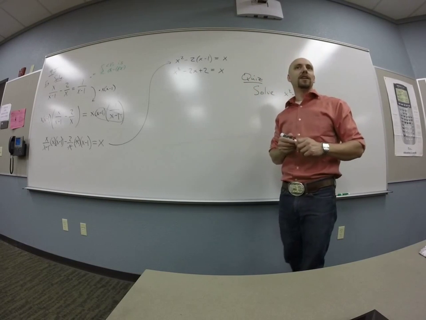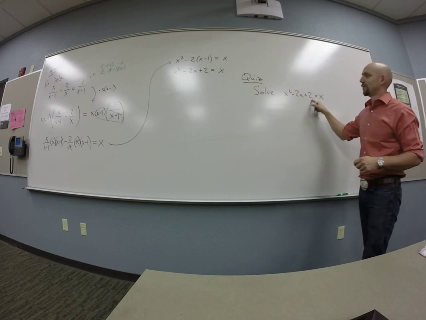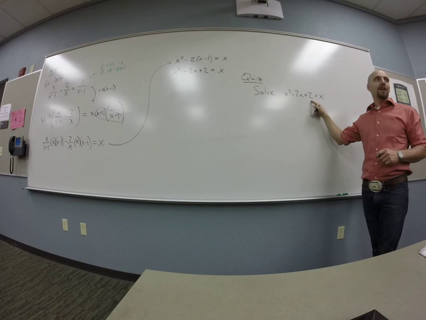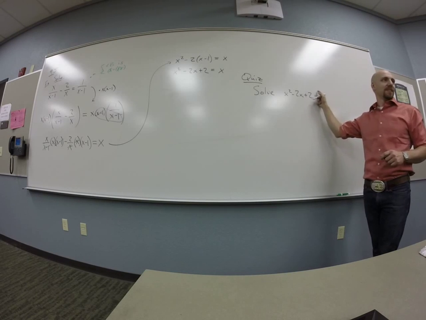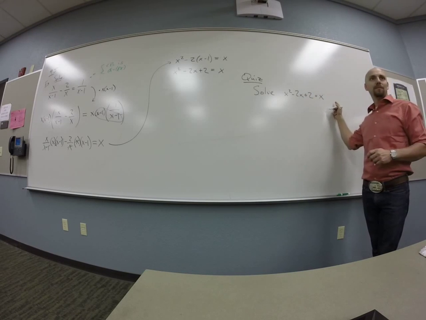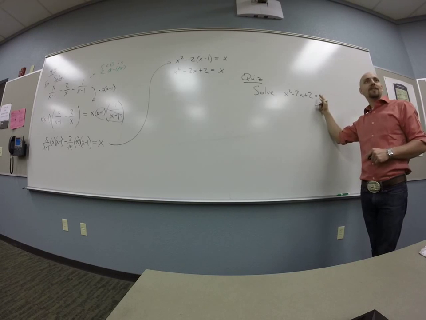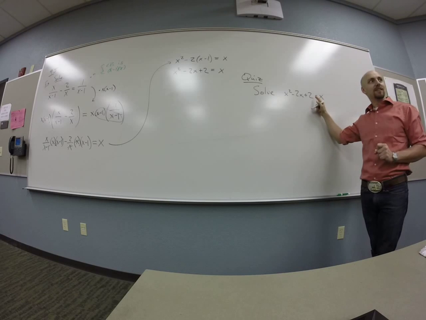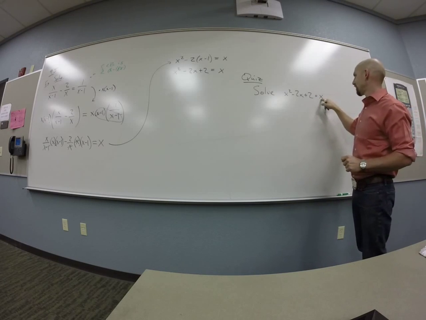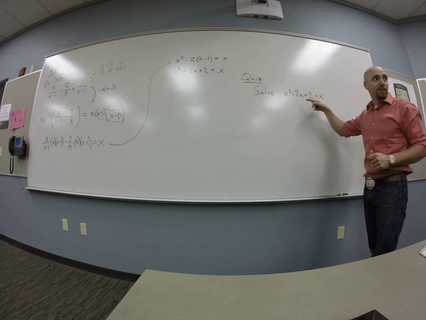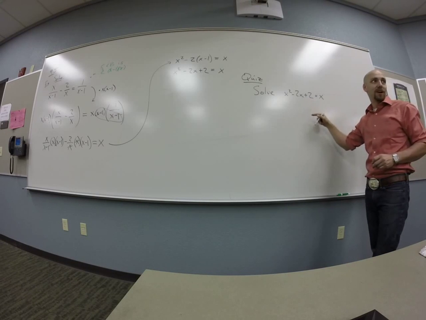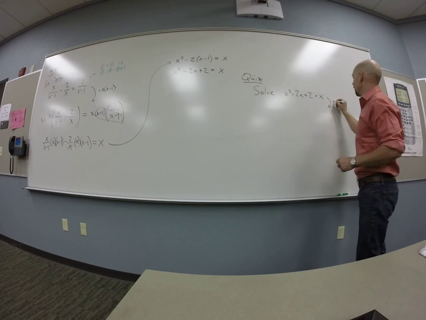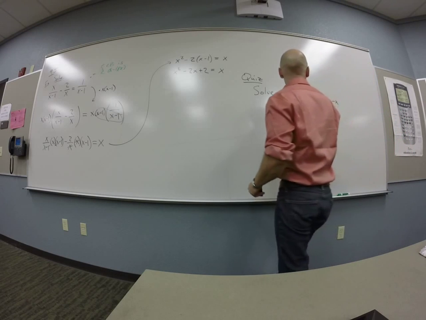Okay, so let's solve this. How do you solve something like this? Panic, right? So there are maybe 3 ways to solve this. First, I would recommend putting this over there with the other x's, right? So subtract x from both sides.